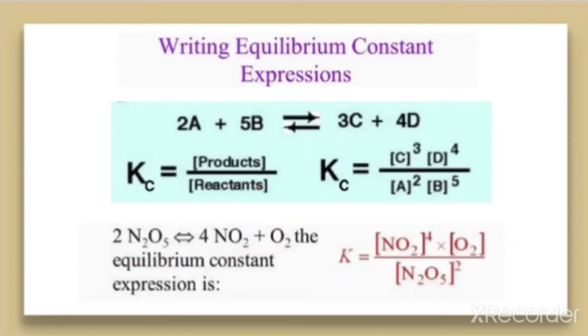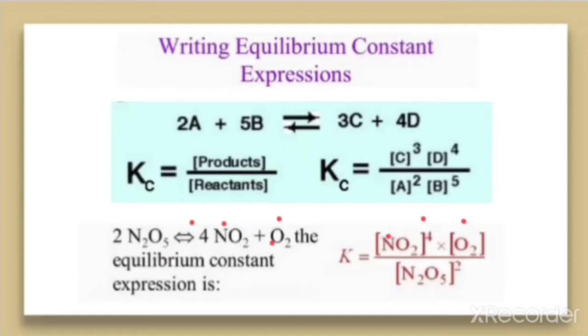So here it is concentration of NO2 with power 4, because the stoichiometric coefficient is 4 here, into the concentration of O2, written in brackets. Here the stoichiometric coefficient is 1, because nothing is represented there.